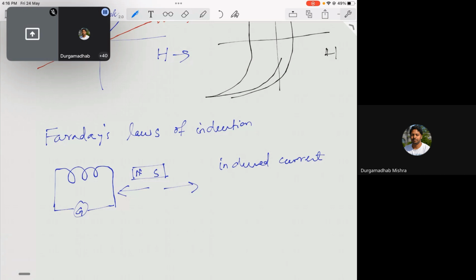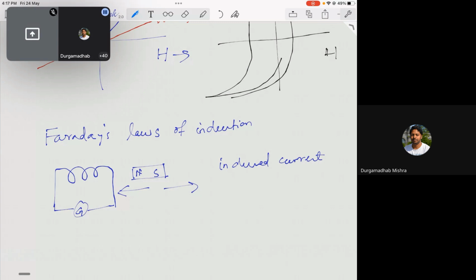All these situations will produce an induced current. This was the first experiment which demonstrated that there is a dynamic effect of electric and magnetic fields.